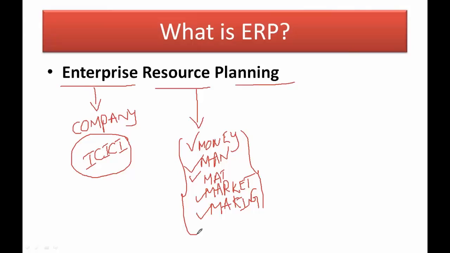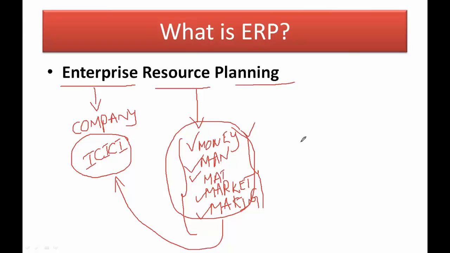You need planning. What is planning? Planning is nothing but how effectively I'm going to utilize these resources in my company. What do I mean by that? I mean money first. How much money do I have to spend for the first quarter? That's a plan. How much manpower do I require for the first quarter or first half year?